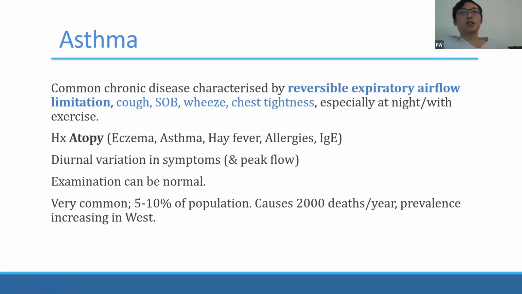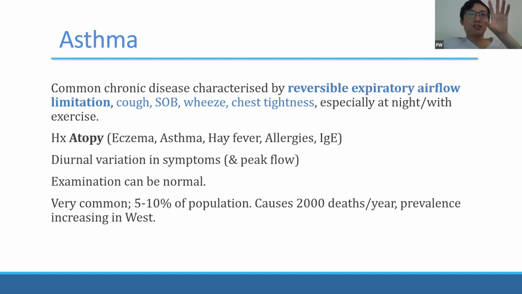Now, you'll get some diurnal variation in your symptoms. It can be worse in the morning, it can be worse at night, and it just varies through the day. This can be related to circumstances such as pollution and pollen, but it can also be related to the amount of cortisol that you have in your system.